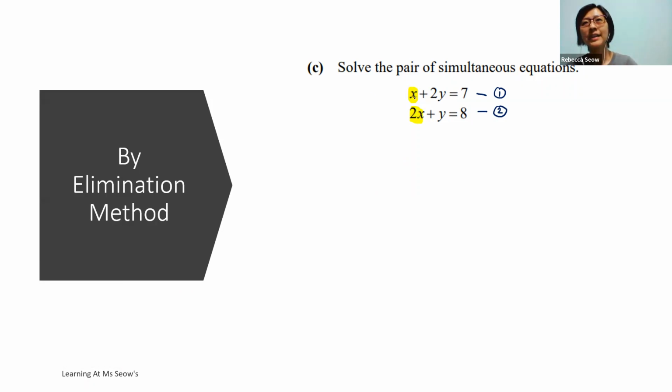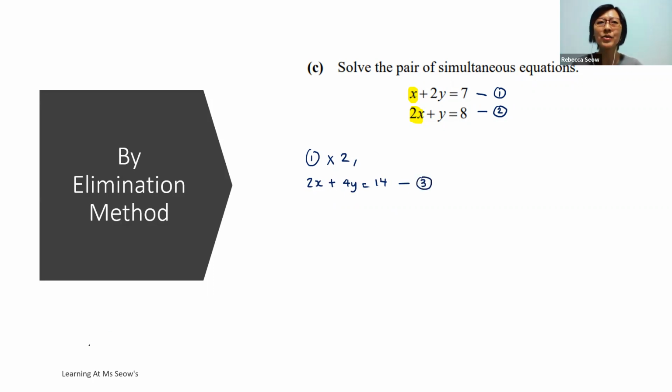So in this case, equation 1, x can become 2x by multiplying it by 2. So let me multiply equation 1 by 2, multiplying each and every term in equation 1 twice over. This gives me an entirely new equation. I will name it equation 3.